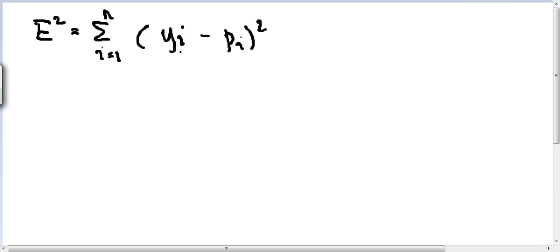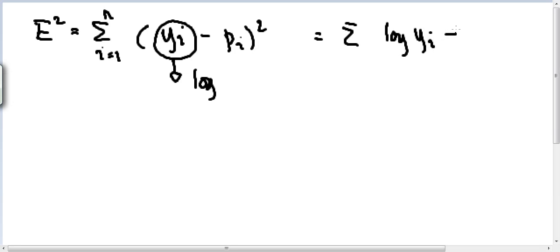So I write again the square, this is yi minus pi squared, and we have to change this into log. So we have here sigma of log of yi minus pi squared, and I will rename this w.